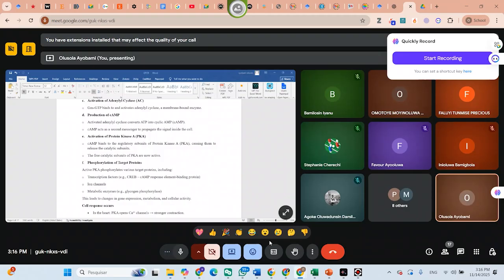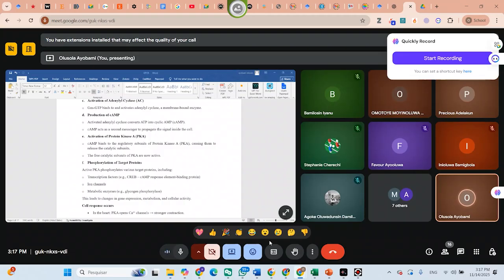Let me repeat that: kinases phosphorylate, while phosphatases dephosphorylate, and cyclases convert a molecule from the linear form into the cyclic form. So when the catalytic subunits of protein kinase A are released, because it's a kinase, this catalytic subunit goes on to phosphorylate target proteins.